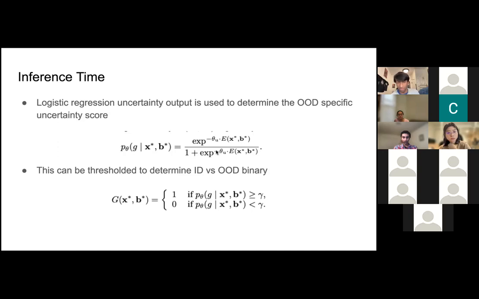And then using this probability, we can say whether or not it's below this gamma parameter. In the paper, they have gamma set to 0.95. So essentially saying that 95% of the data is expected to be in distribution, whereas 5% will likely be classified as out of distribution.